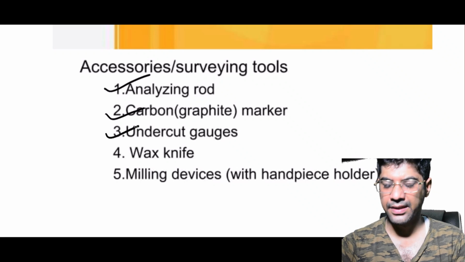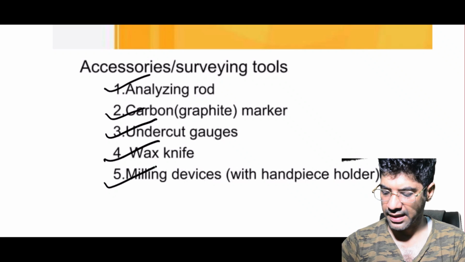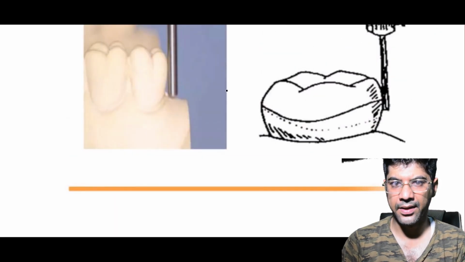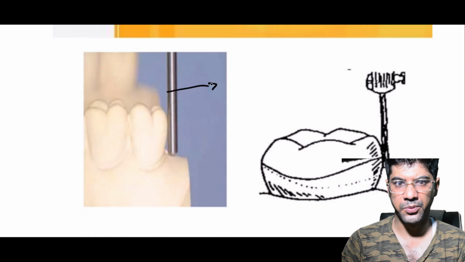The first is the analyzing rod. It is a solid cylindrical metal rod used as a tangent to the convex surface of the object being surveyed, and helps to determine the height of contour and analyze the favorable and unfavorable undercuts.